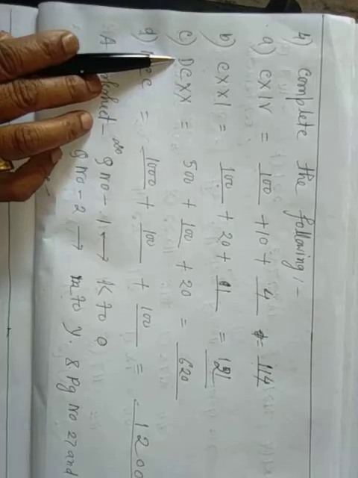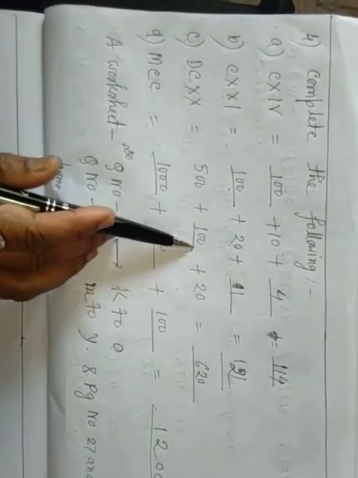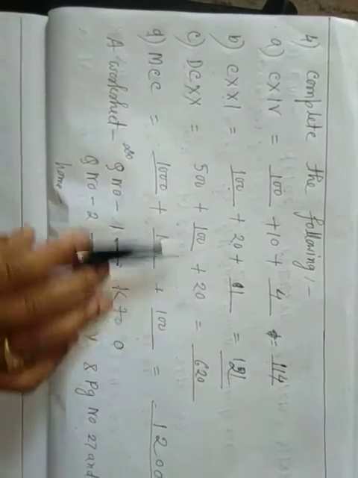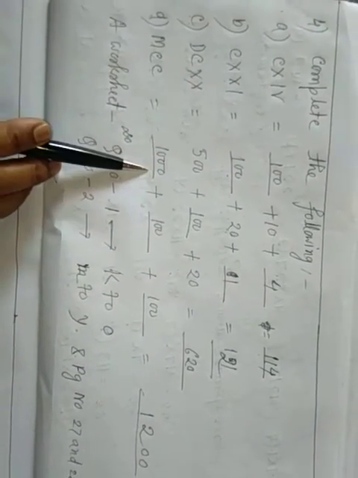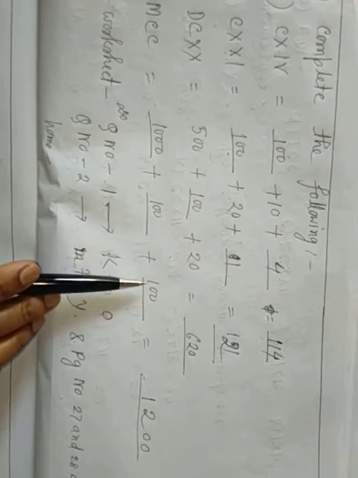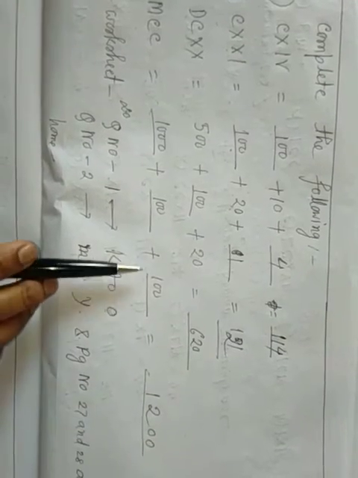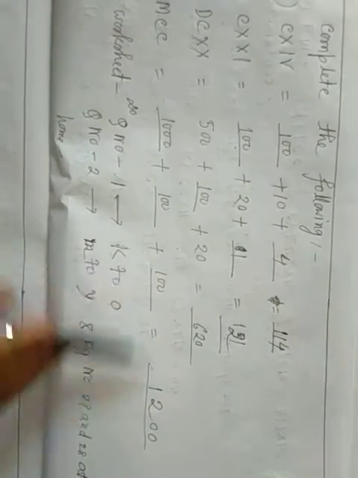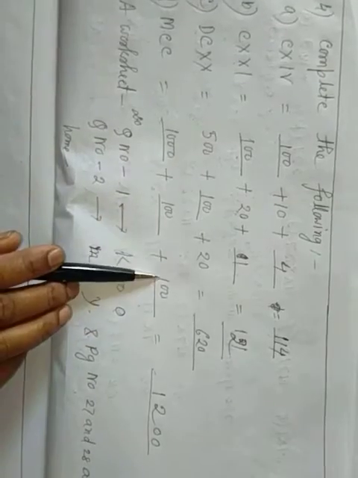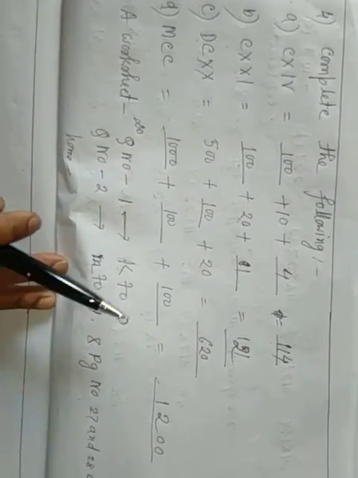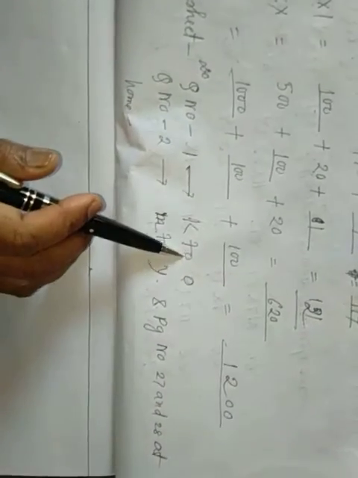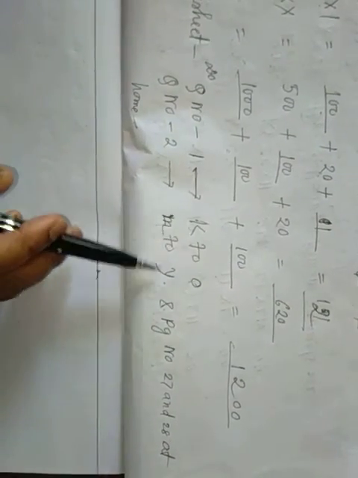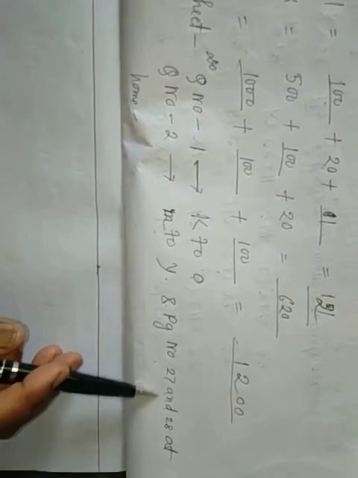DCXX: D means 500, C means 100, XX is 20, that is 620. MCC: M means 1000 plus 100 plus 100, that is 1,200.